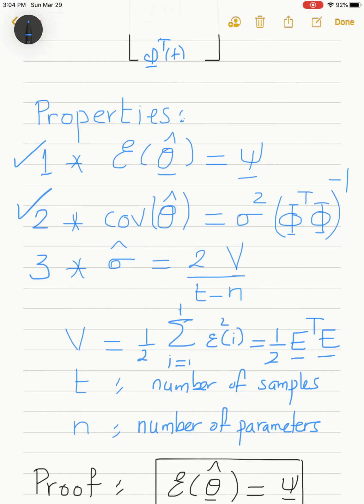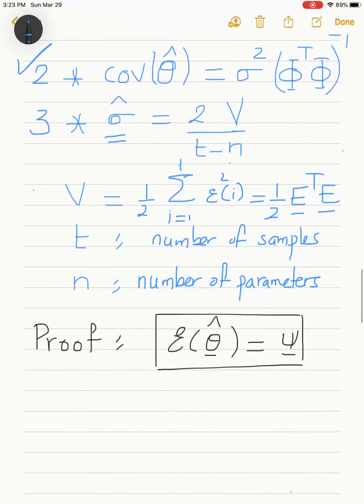V we have defined here, t is the number of samples, and n is the number of parameters. So if we don't know the variance of the errors or the noise in the signal, we can calculate an estimate for that.